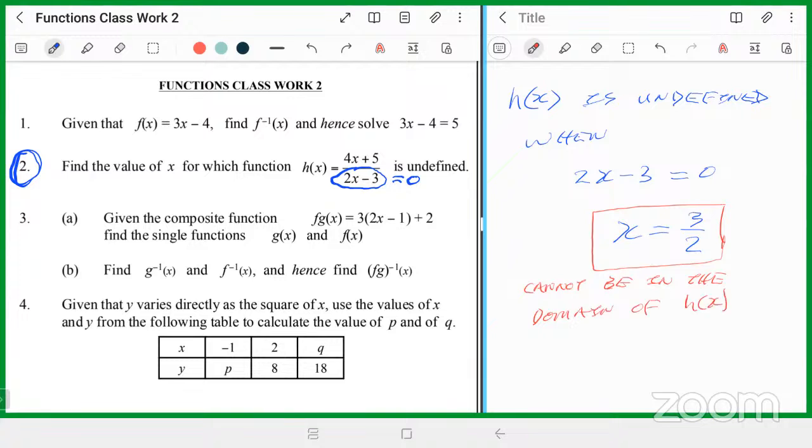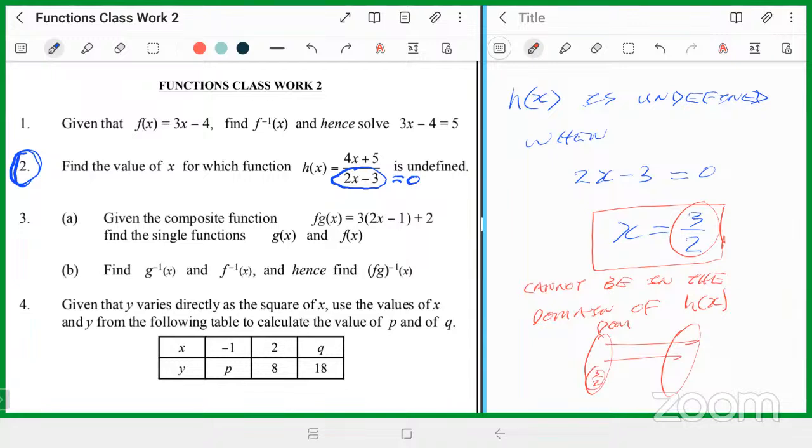Because if you put it in the domain, then you won't have a value that it is mapping onto. It's like you would have a domain with all the values mapping, and then you have this value, 3 over 2, that is not mapping. You cannot have a value in the domain that is not mapping.